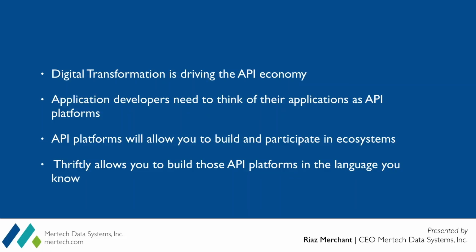Thriftly will help you get there. And when you're making this long-term strategy for your application, think platform. Think platforms in the way that other people are able to consume your code and integrate it into their system. And at the same time, you're able to consume other people's code and build that into your system, and you create your own ecosystem.